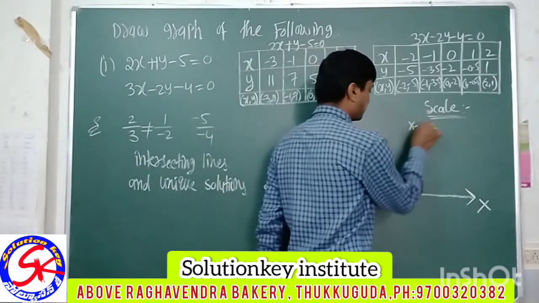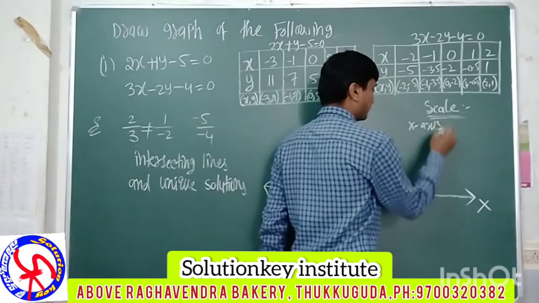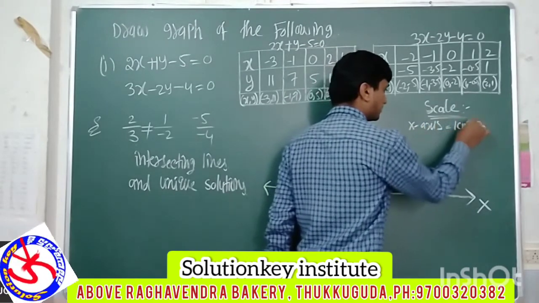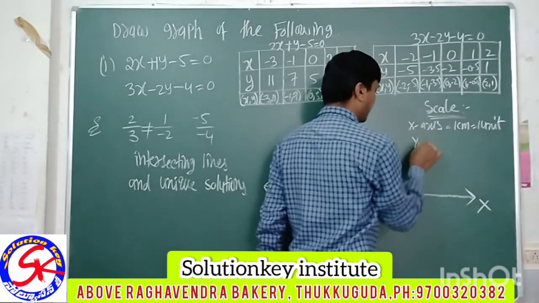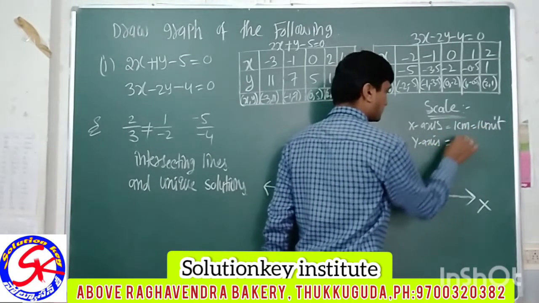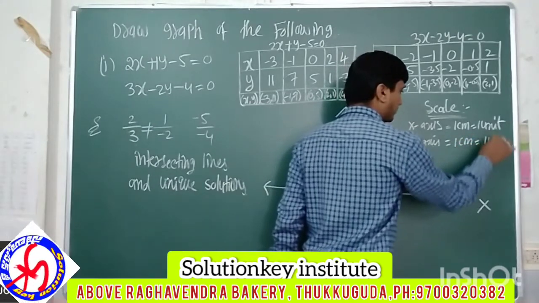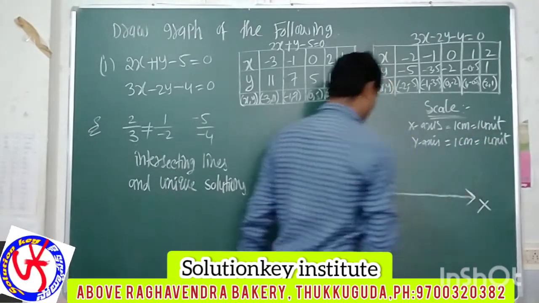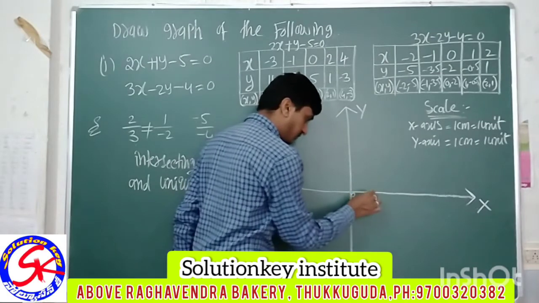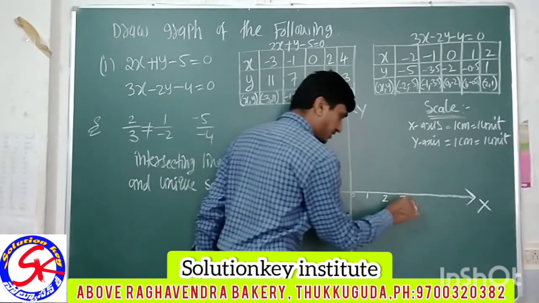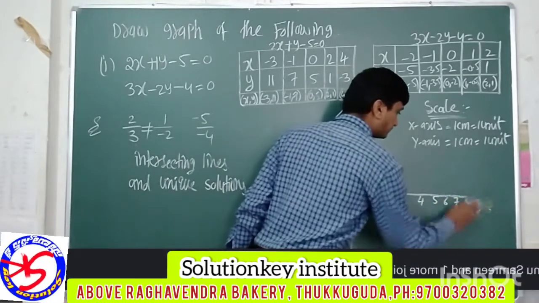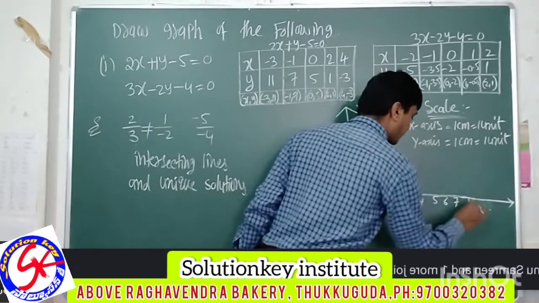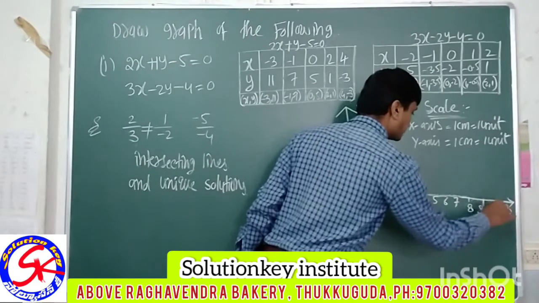X-axis: 1 centimeter is equal to 1 unit. And y-axis: 1 centimeter is equal to 1 unit, I am taking here. Then write all the centimeters 0, 1, 2, 3, 4, 5, 6, 7, 8, 9, 10.